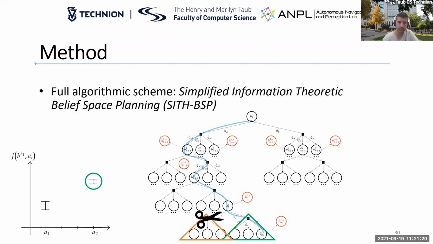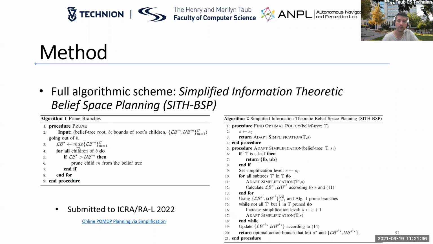If they do overlap, we refine the simplification level until we can prune all branches but one. We are promised we can do so since at the maximal finite simplification level, the bounds converge and are just the original reward itself. More details in our paper, Speeding Up POMDP Planning via Simplification, that was submitted to ICRA RAL 2022.